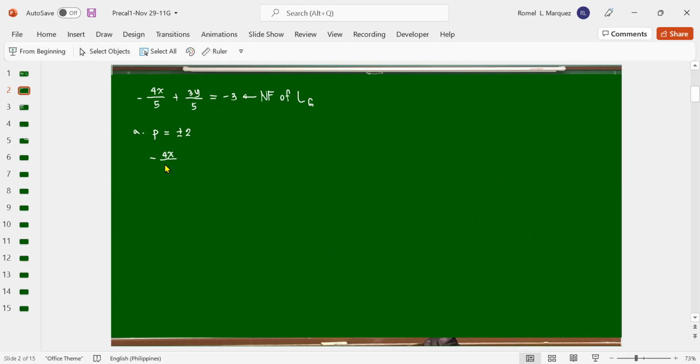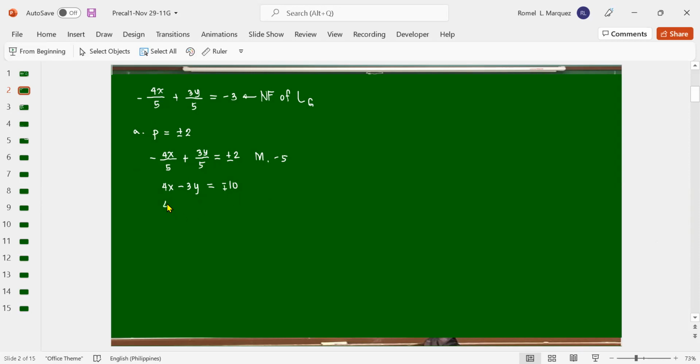So we have negative 4 over 5, then x, plus coefficient of y, 3 over 5, then times y. Is that clear, guys? And then the P of the required line, we have positive 2 or negative 2. So let's multiply by negative 5 to get to be in general form, getting 4x minus 3y, that is equal to negative 10 or positive 10.